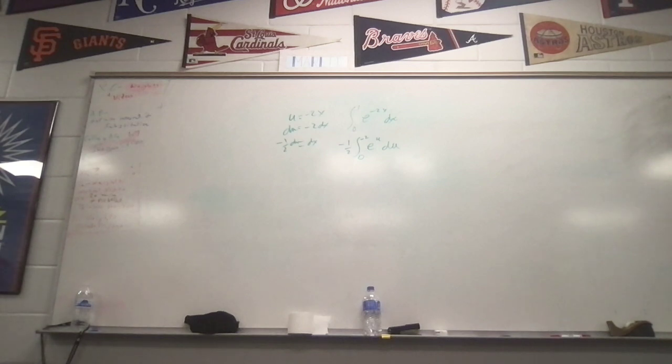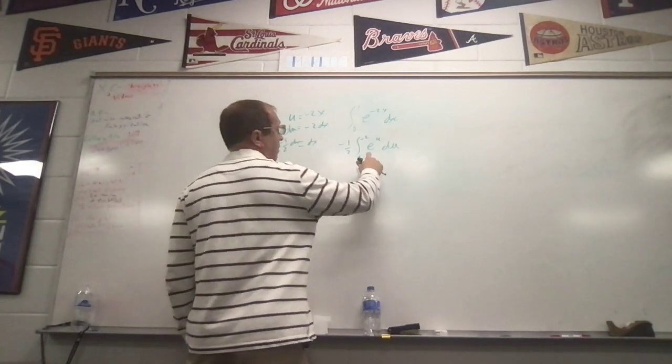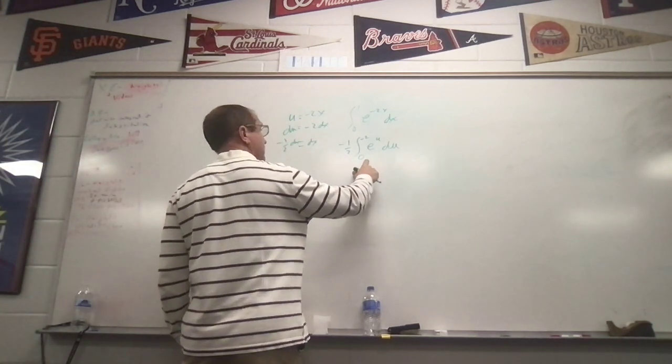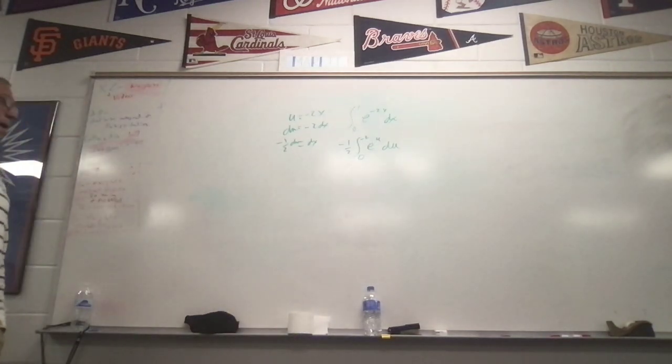The majority of the time in these problems, when we get a negative out front, which means we got a negative derivative, we're going to see that the lower limit of integration has a greater value than the upper limit of integration. Now, why might that be significant?